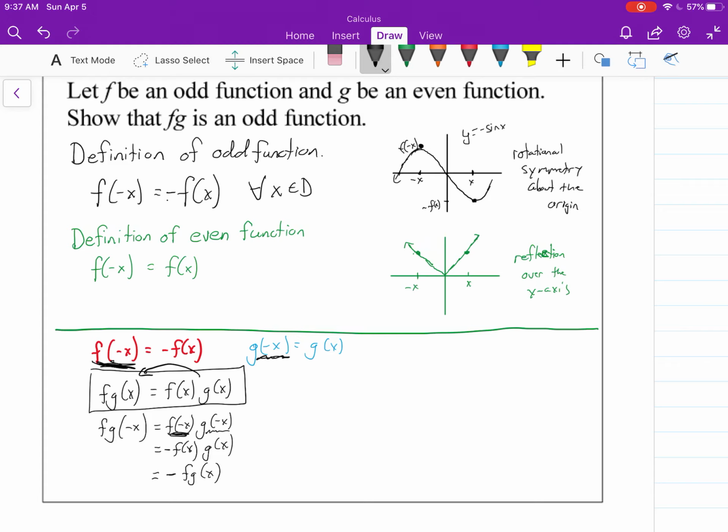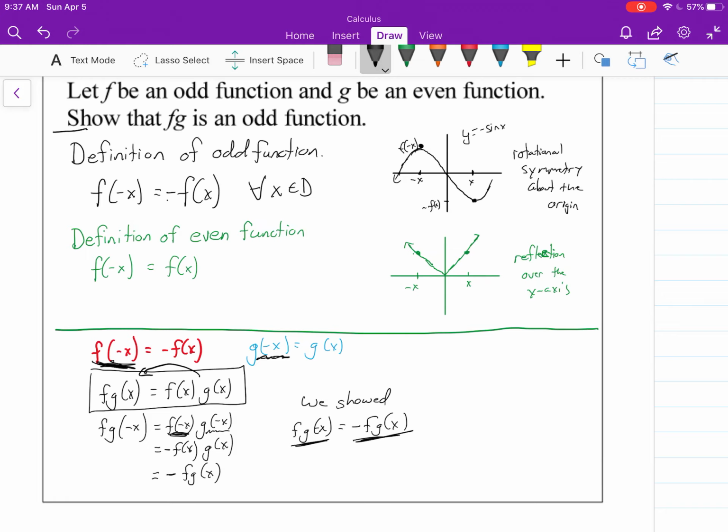So what we showed, when we plugged in negative x, we got negative fg of x. Well, what's it called when you plug in a negative and you get the negative of the function?